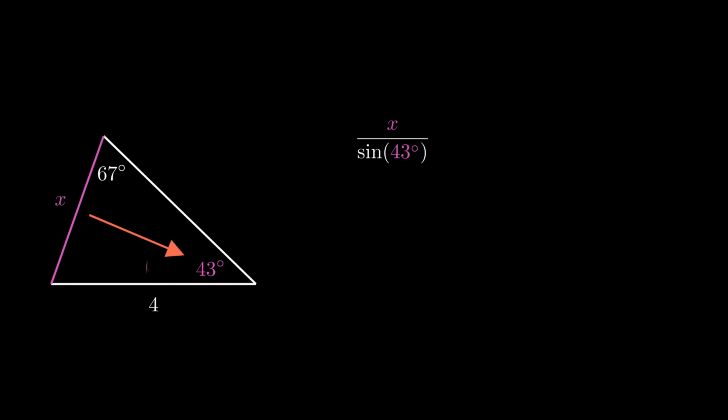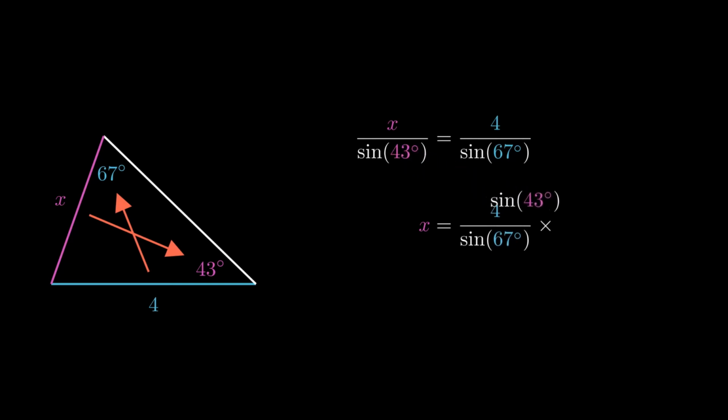So the 4 with the 67 degrees. And so we put that fraction in, 4 over sine 67 degrees. Notice because we put the side length on top for the pink ones, we have to do the same thing for the blue ones. Okay, so now to get the x by itself, we just need to multiply that right-hand side by sine 43 degrees, and we get about 2.96, and we're done.